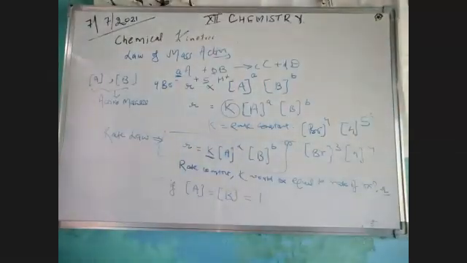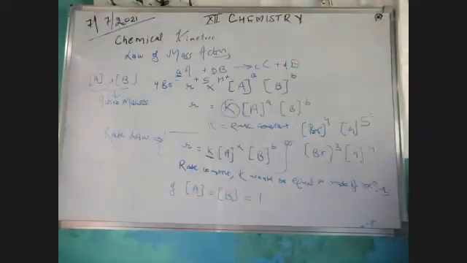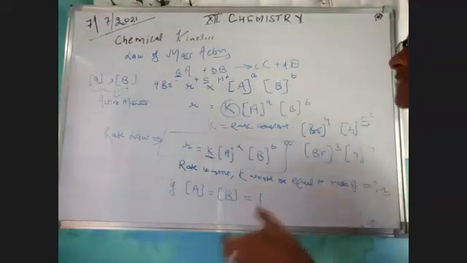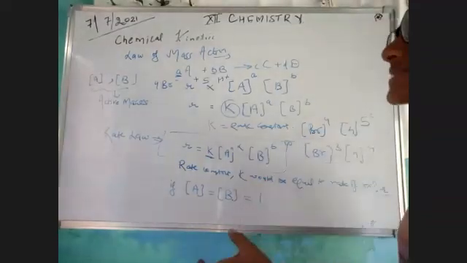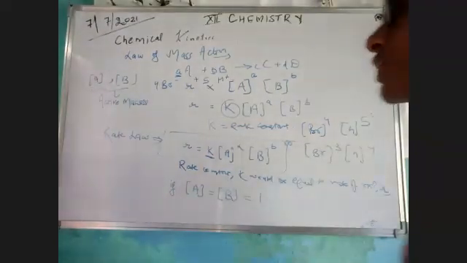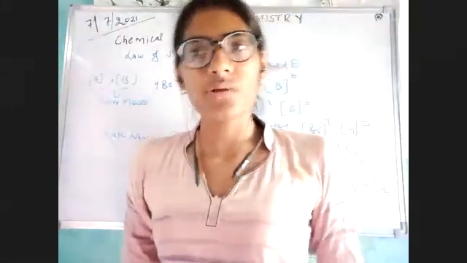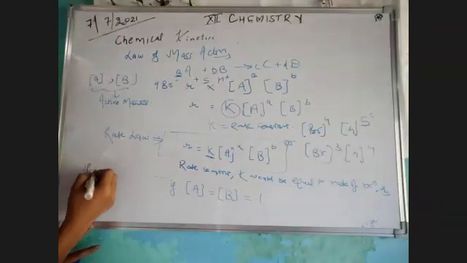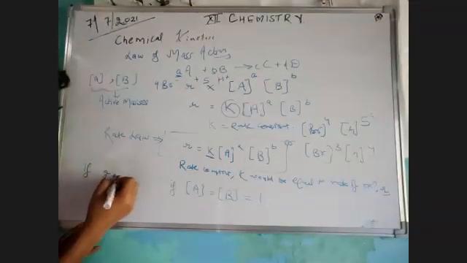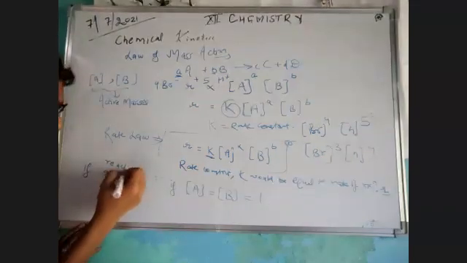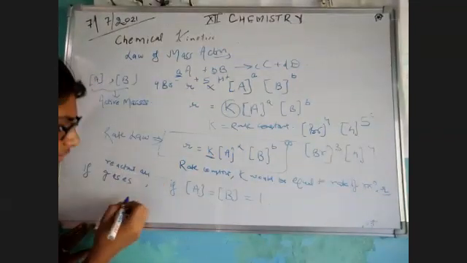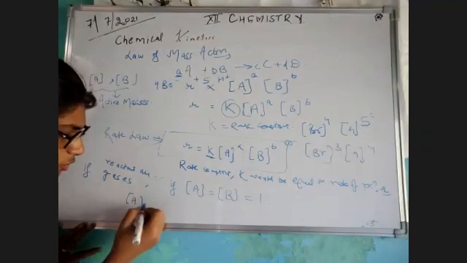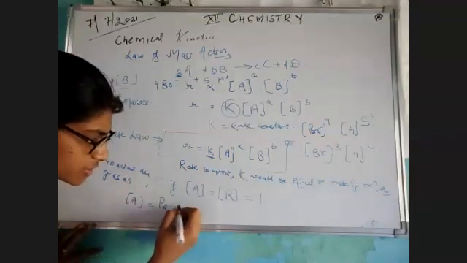Another point I would like to describe. Suppose I have taken the example of hydrogen. I have told you that the reactant could be in gaseous form, aqueous or solid form. But now the point is, this is for all reactants. If we have reactants in the form of gases, my concentration could be replaced by partial pressure.